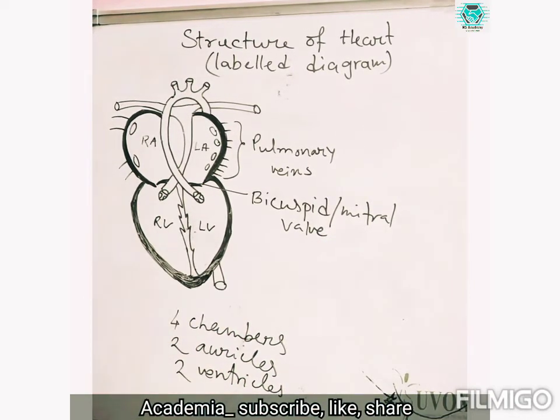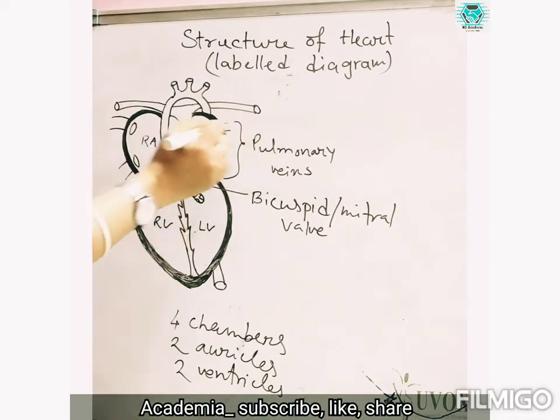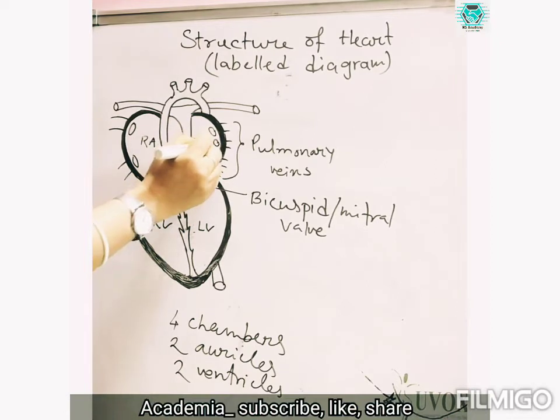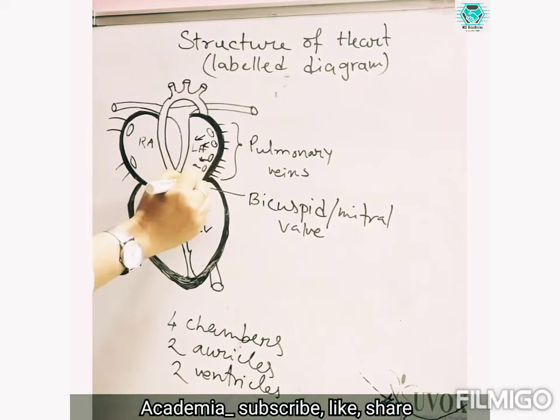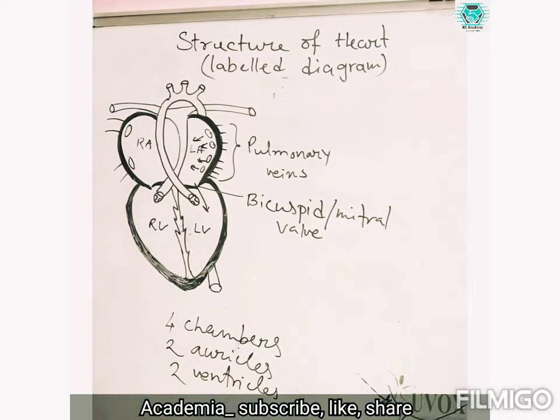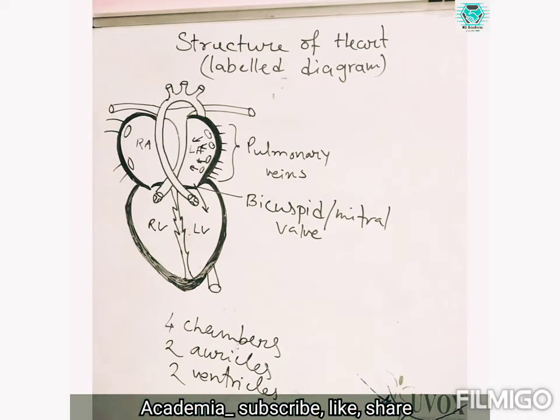Because they have two cusps in their structure and they prevent the backflow of the blood. When the blood comes into the auricle and then moves to the ventricle, the bicuspid valves open and allow the blood to go to the ventricle, but then they close, and that's why the blood cannot go again to the auricles.